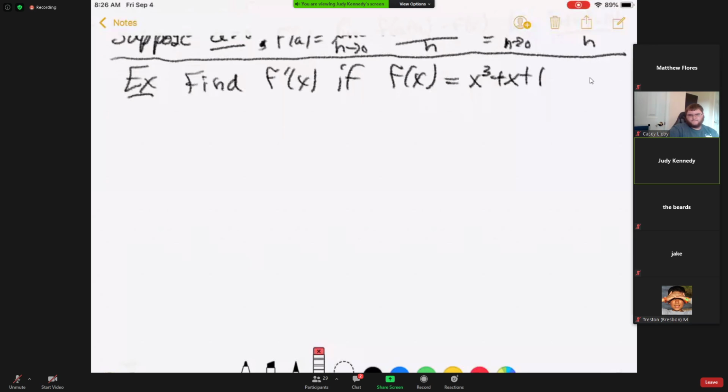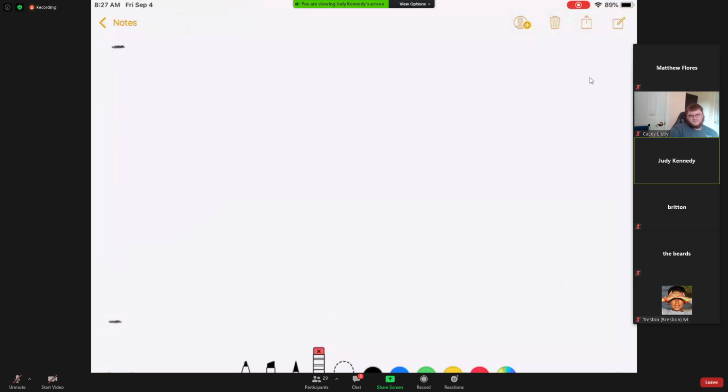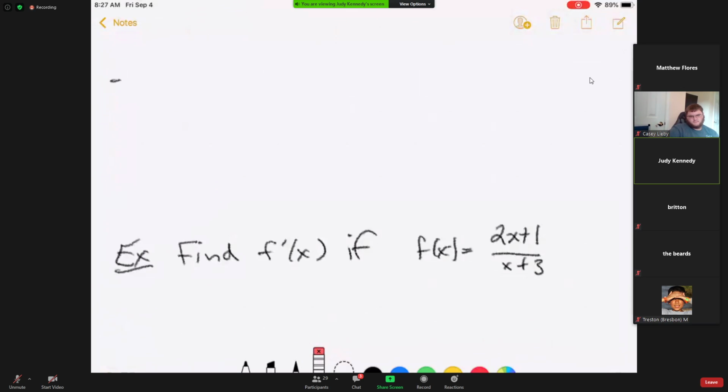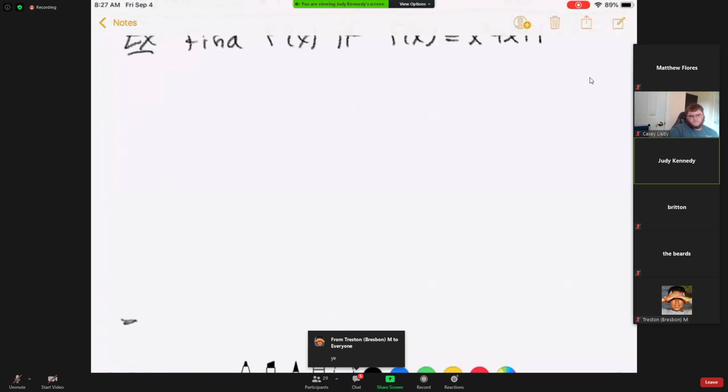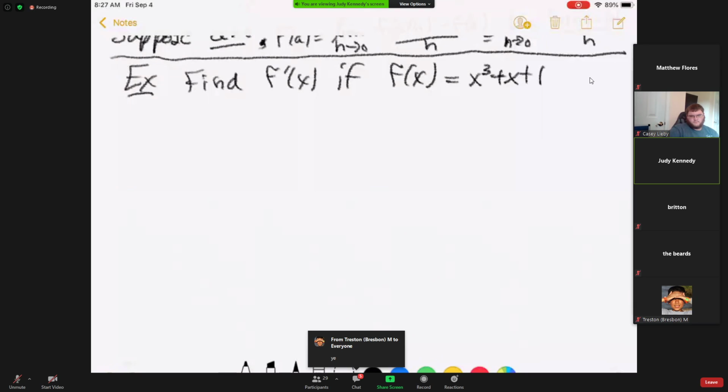Okay, I'm going to use the h definition since we used the a one yesterday. In the next problem, we'll go back to x approaches a. You can use either one. You might find one easier than the other, but they both work.